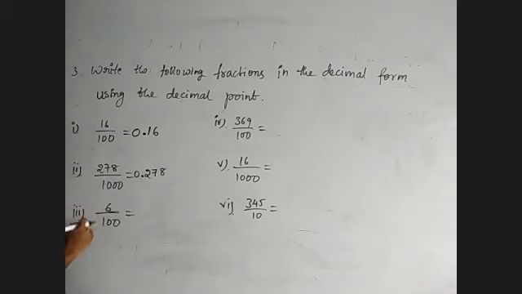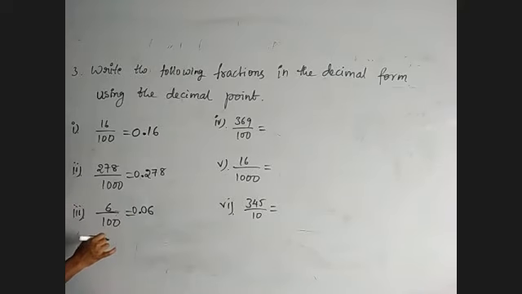Next, 6 by 100. Here the numerator is 6. The denominator has two zeros, so we must get 2 decimal digits, but only one digit is there. So for that sake, we keep a 0 before the 6. Now 2 decimal digits are there.